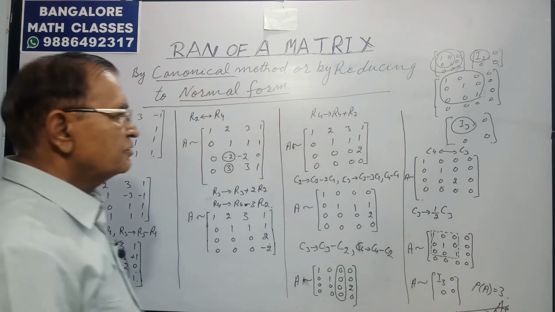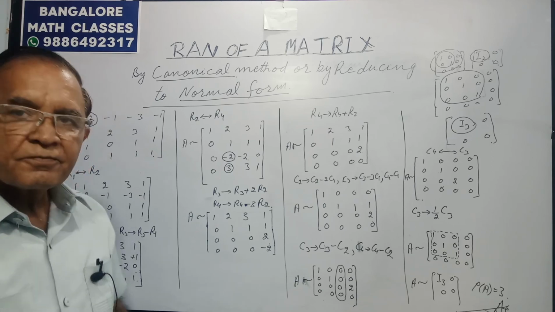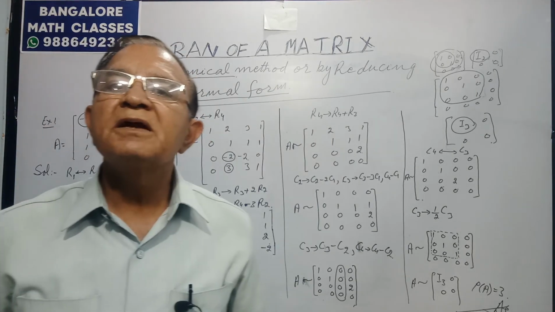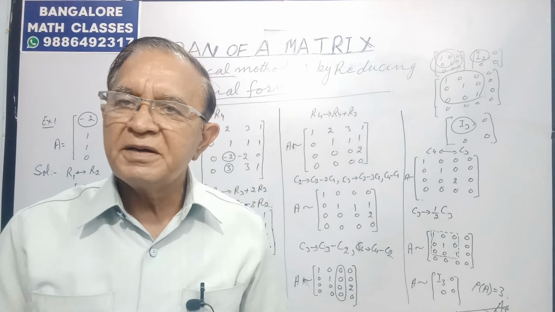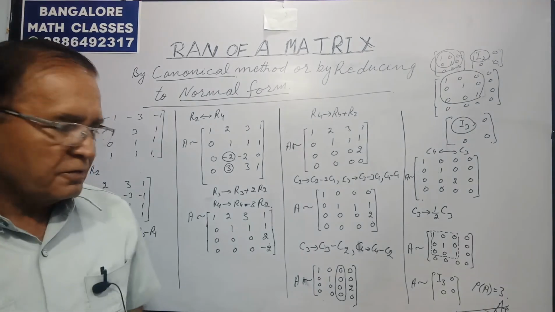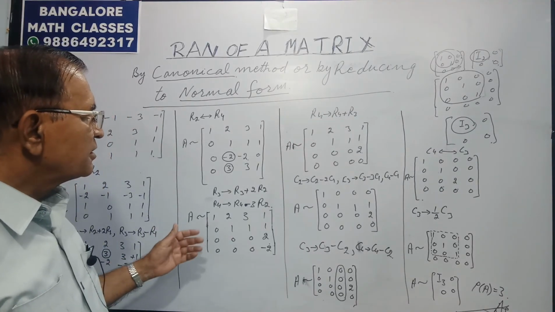Like that you are supposed to solve it. First operate on rows. After completing the rows, when you find that no operation is possible with the rows, come to the columns.